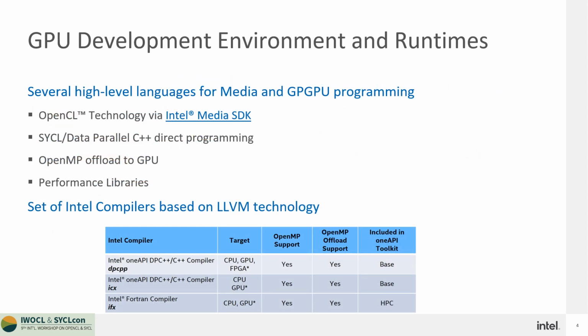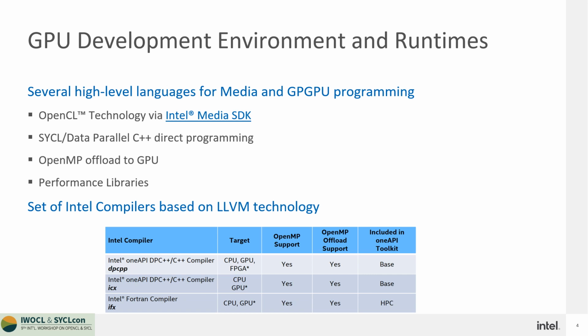Software development for GPU is supported by several frameworks available from Intel or other partners. First of all, high-level languages based on OpenCL technology via Intel Media SDK, direct programming with SYCL or Data Parallel C++, the OpenMP offload model, and of course performance libraries which have been available from Intel for many years.